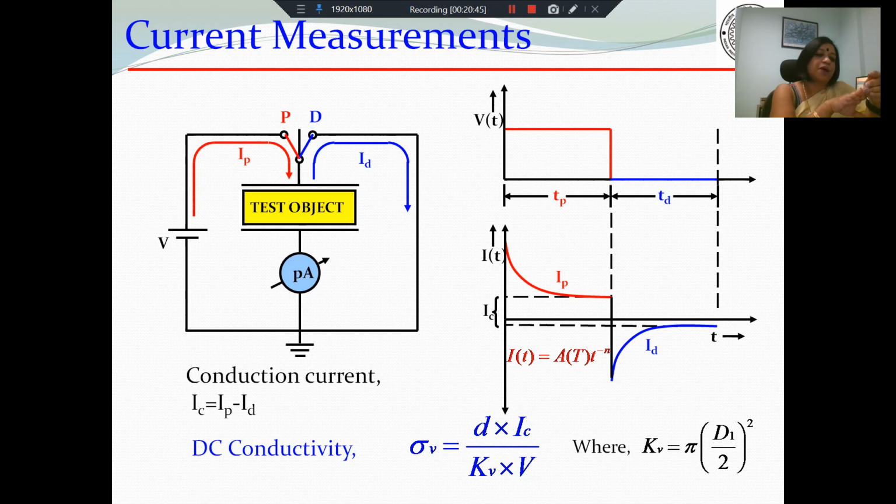Now, I should also mention that since we are looking at polarization, we are firstly measuring the conduction current. From the conduction current, obviously, we will be able to measure the resistivity or the conductivity of the material.